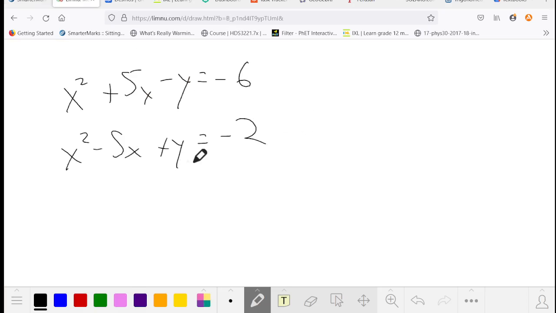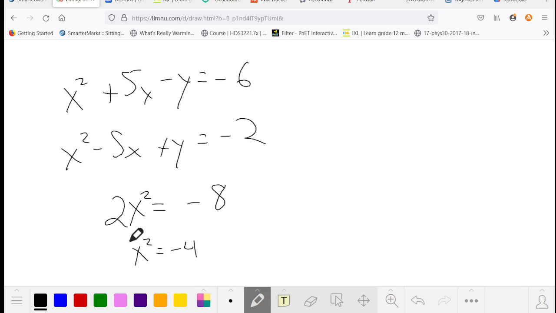I'm going to lean on what we learned in Math 10C about systems of equations and just add the two equations up, noting that we have 2 sign changes. That gives us 2x squared equals negative 8. So this tells us that our x squared is a negative 4.